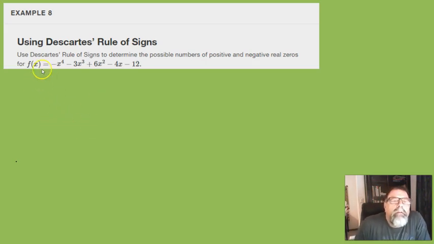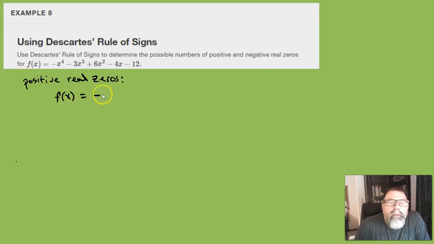Okay, so for f of x, for our positive real zeros, we're going to leave this alone. So we got negative x to the 4th, negative 3x to the 3rd, positive 6x squared, minus 4x, minus 12.